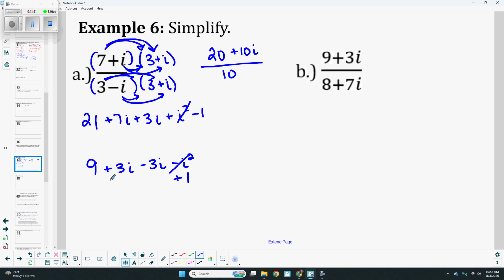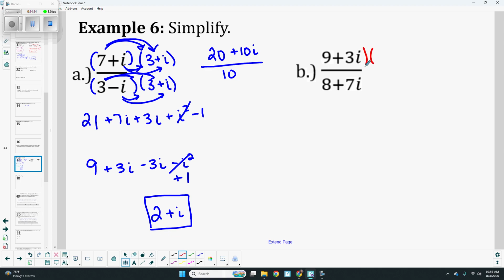Positive 3i, negative 3i cancel. So it's just 10. So now I could even simplify this further, right? Because everything here divides by 10, both parts on the top and the one part on the bottom. So if I divide everything in this problem by 10, that's going to be 2 plus 1i. And that's my answer.